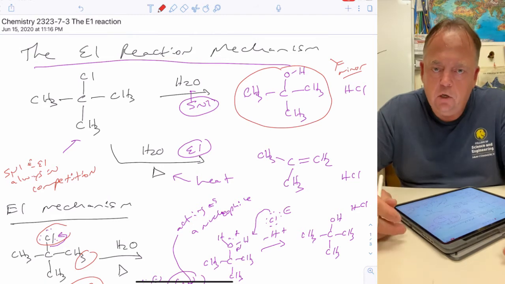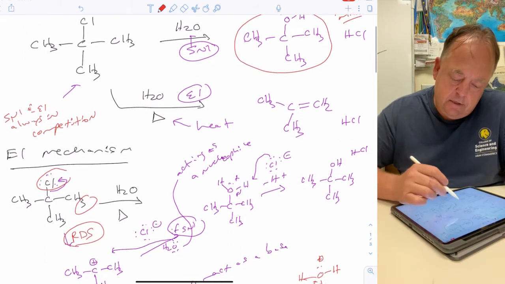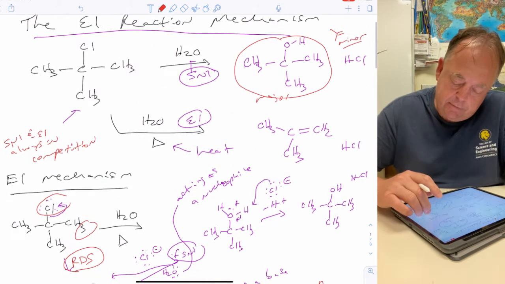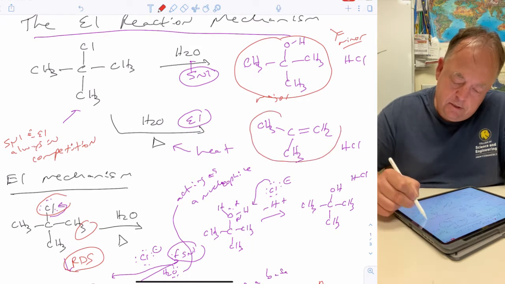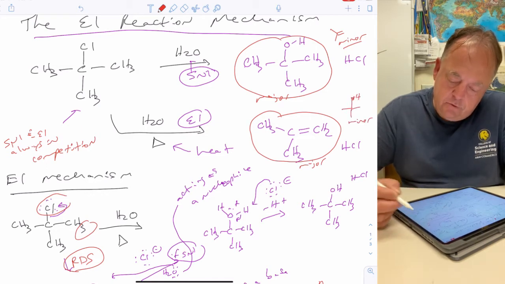You would get some E1 elimination because they're always in competition with each other. Without the heat, the alcohol is major, and the alkene is minor. With the heat, the alkene is major, and you would still get some alcohol, but it would be the minor product.